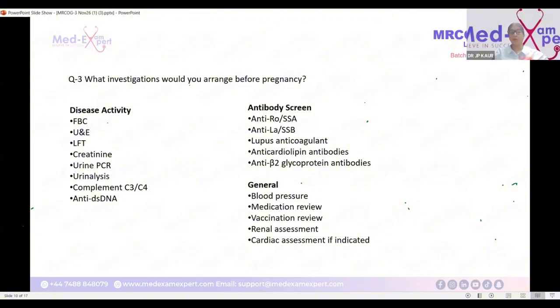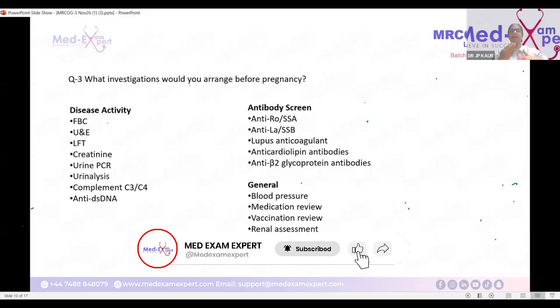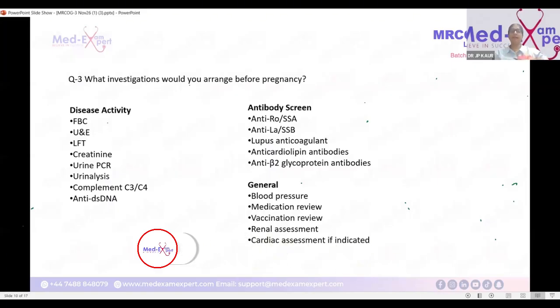So urine for protein creatinine ratio is advisable, and complement levels are also advisable to see the disease activity. Why complement level? It plays a part, it stops the immune complexes from forming. If the level falls, activity increases. Anti-double-stranded DNA: the more anti-double-stranded DNA, the more active is the disease, because it is hitting the cells and releasing the DNA in the bloodstream.